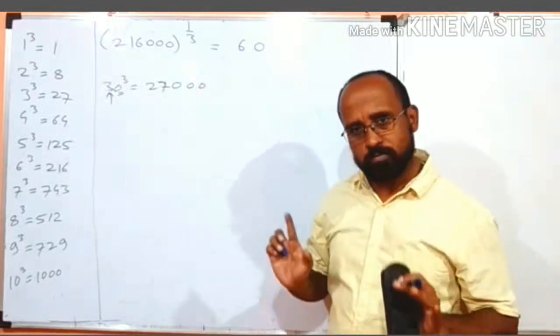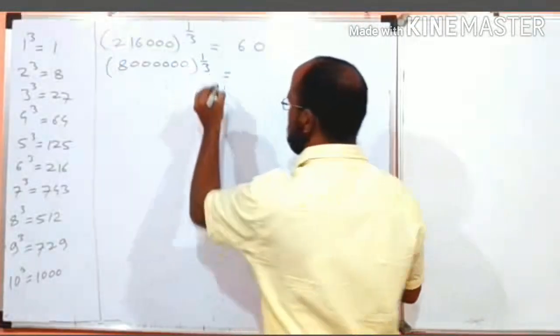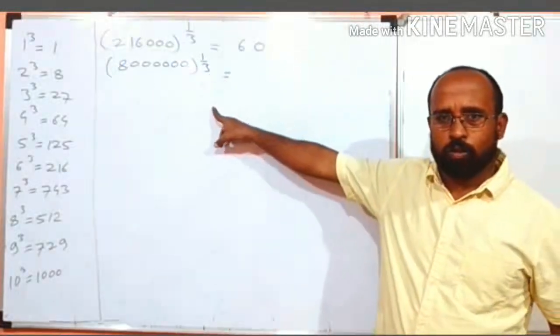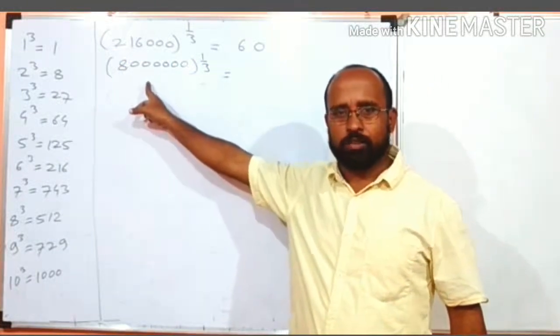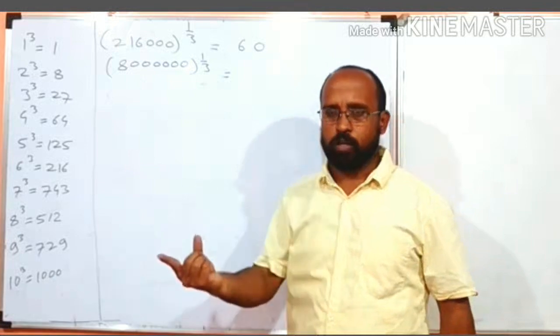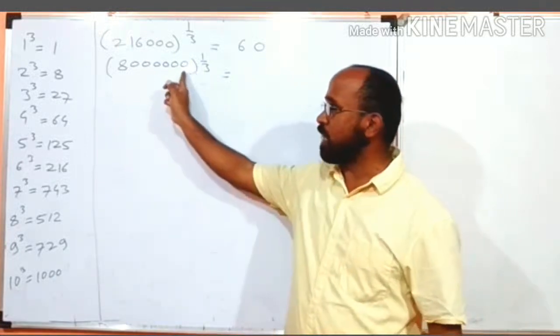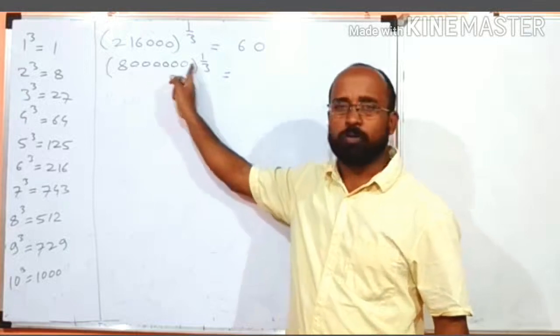Done. Let us see one more example. Suppose we have to find the cube root of the number 80 lakh. 80 lakh is a number ending with 0s. In the cube of a number ending with 0, zeros get tripled, so in the cube root its zeros will get 1/3. How many zeros are there at the end? 1, 2, 3, 4, 5, 6.